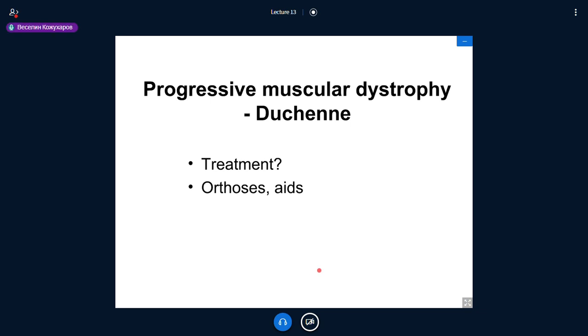Treatment is not possible. Etiological treatment is not possible.